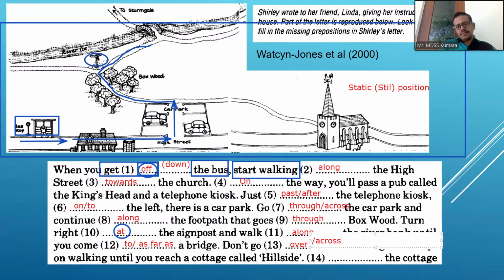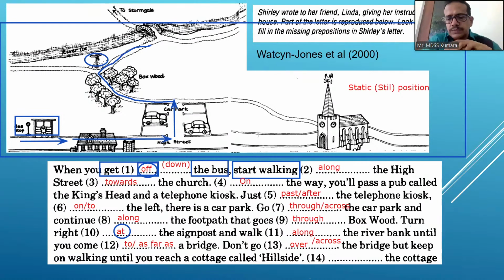Over is the best one. Don't go over the bridge, but keep on walking until you reach a cottage called Hillside.